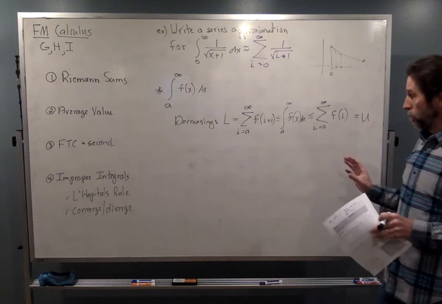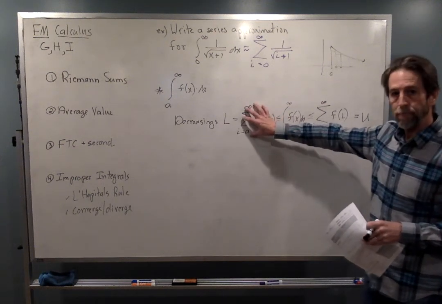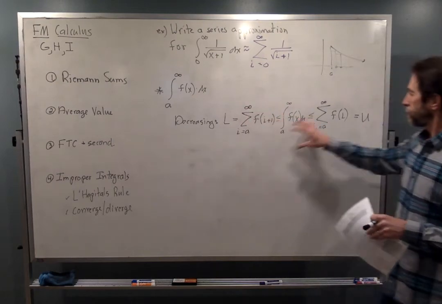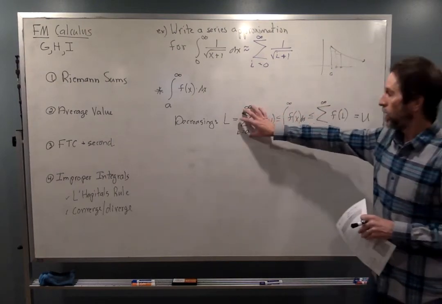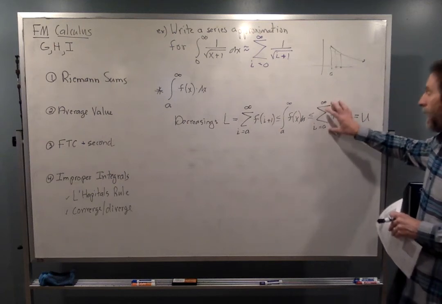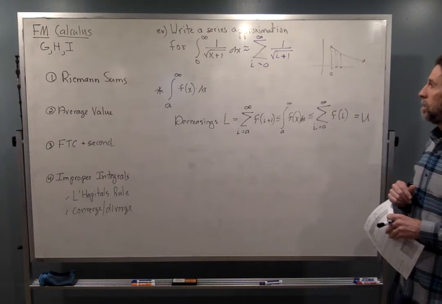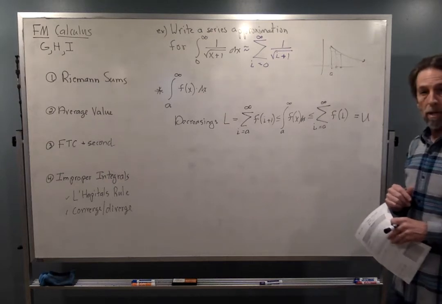So what eventually can happen is this: if I can evaluate this limit through methods and evaluate this summation, then I can know the exact value of the integral, the improper integral.